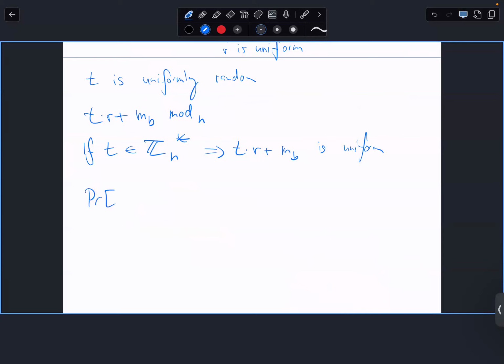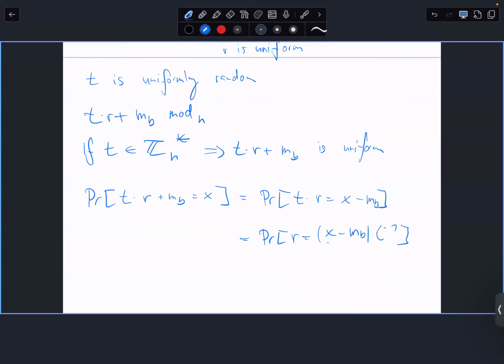Why is this uniform? What's the probability that T times R plus MB is some value X? Well, let's solve it for R. This is the same as probability T times R equals X minus MB, right? But now I said that T has a multiplicative inverse because it's in the unit group. This is the same as probability R equals X minus MB, times T inverse.